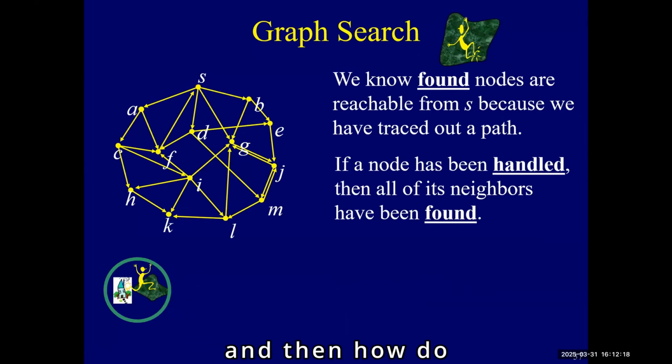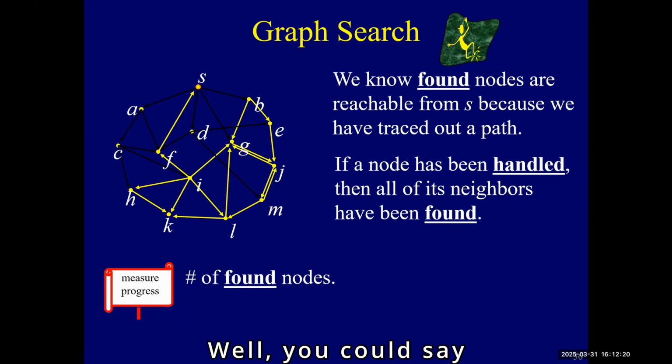And then how do we make progress? Well, you could say the measure of progress is the number of nodes that have been found so far. But you may do a lot of work and not find any new nodes. You might find nodes that you've seen before, or a node might not have any neighbors.